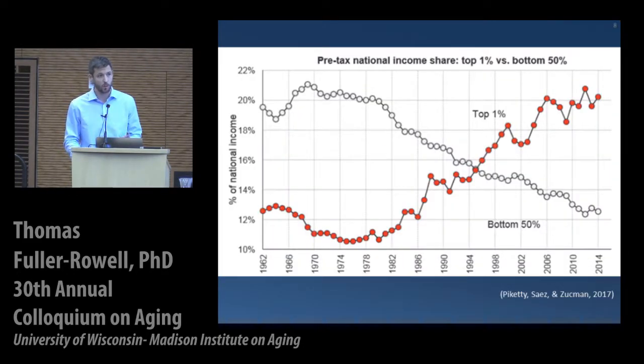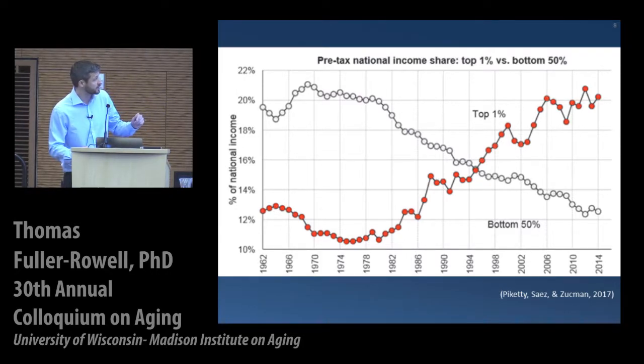If we look at the top 1% instead of the top 20%, we see a similar story, but even more pronounced. Here we see similar data represented a little differently. We're looking over time on the x-axis, and on the y-axis the focus is the total portion of overall income made by the top 1%, the red line, and the bottom 50%, the white line.